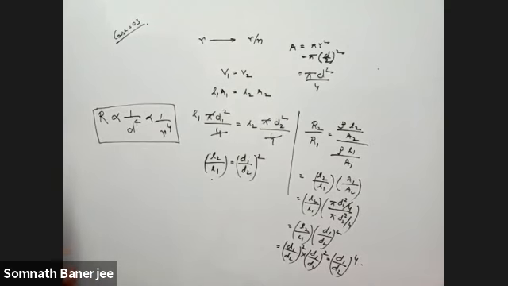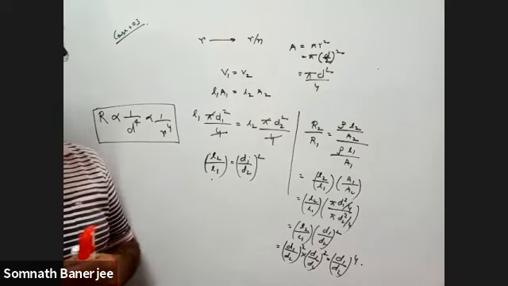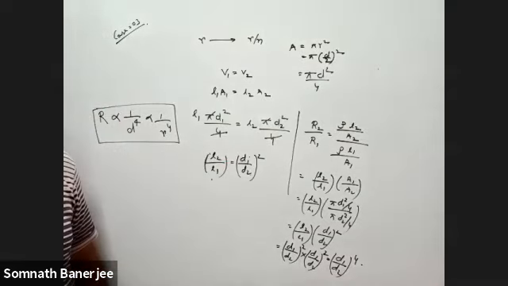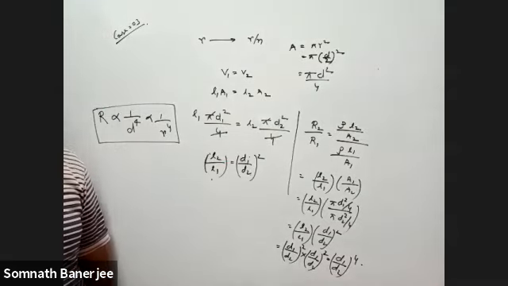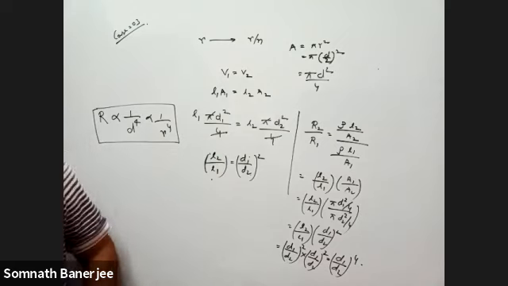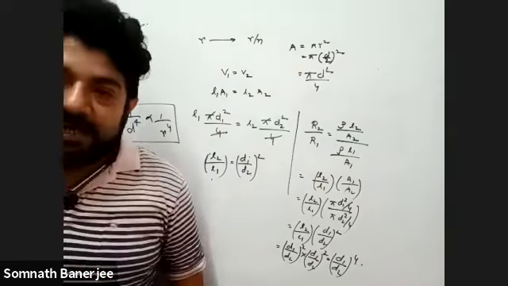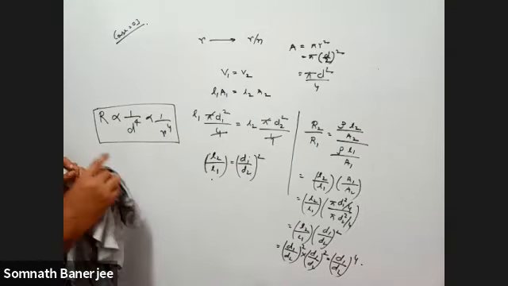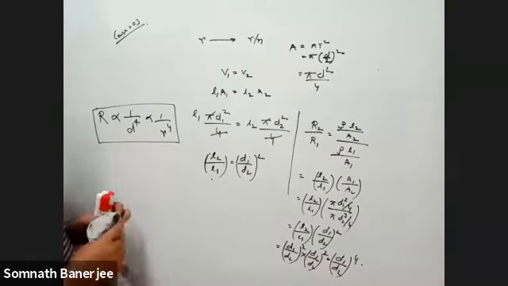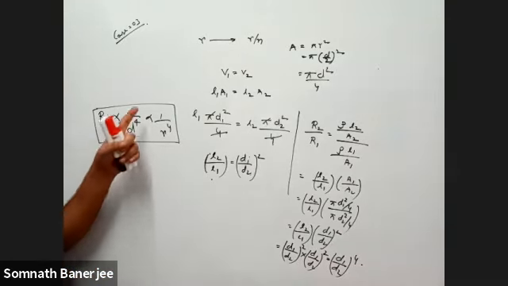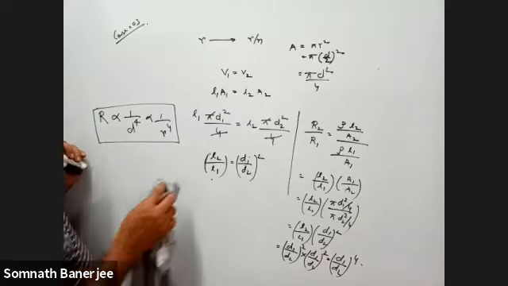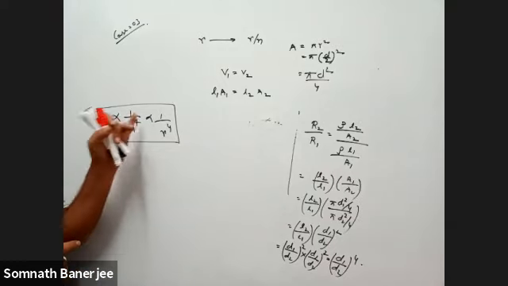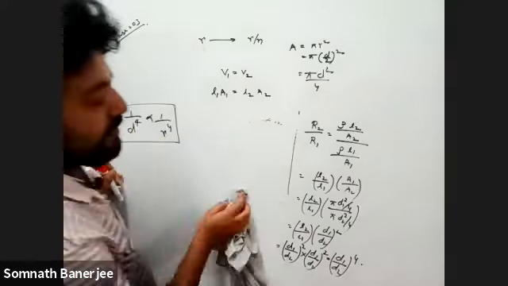If they mention it in that manner, remember one thing: resistance is inversely proportional to diameter to the power 4, or resistance is inversely proportional to radius to the power 4.